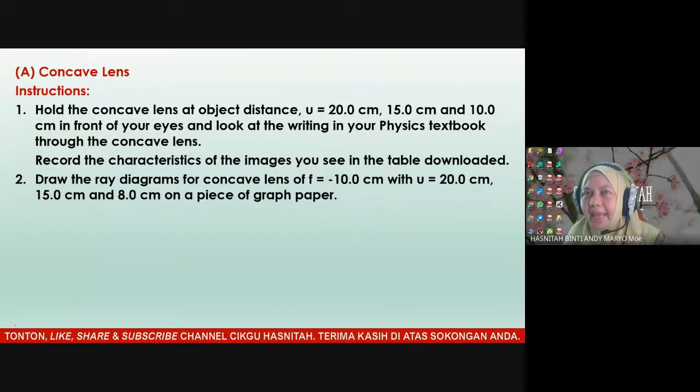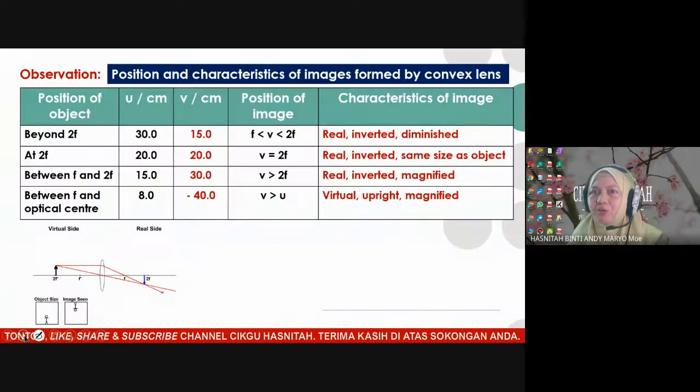You just replace the lens with the concave, and then we start with an object distance of 20, repeated with 15, and 8 centimeter. So we repeat with different object distances and see what is the characteristic of the image formed. This is what we are going to find out from this activity.